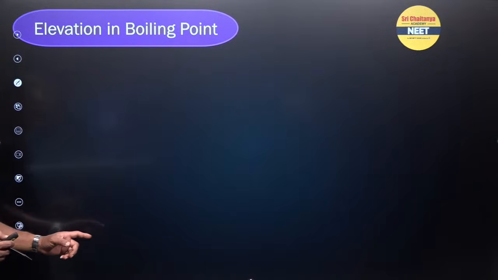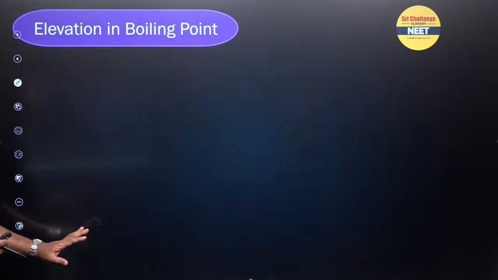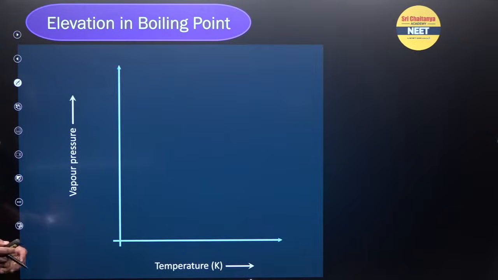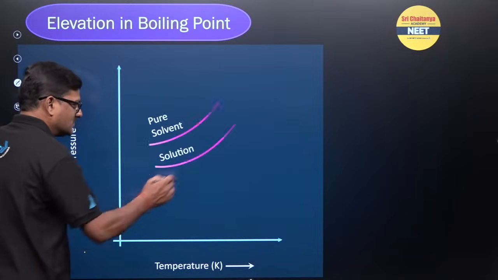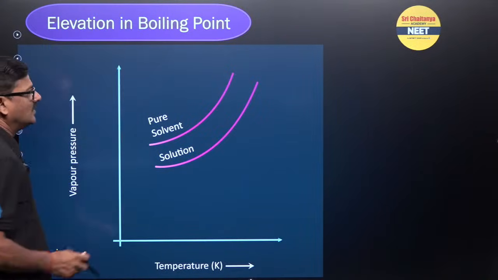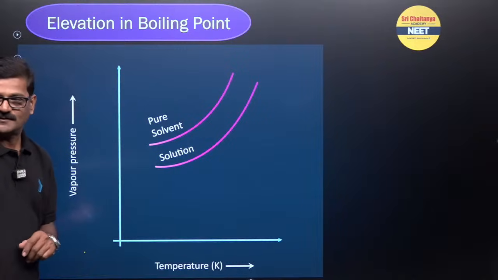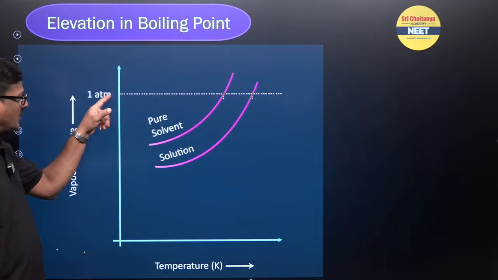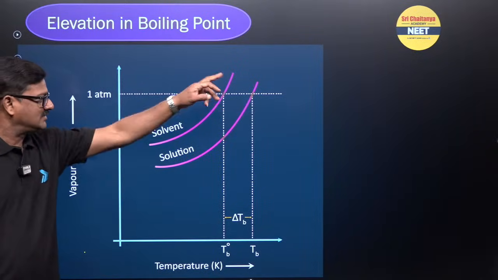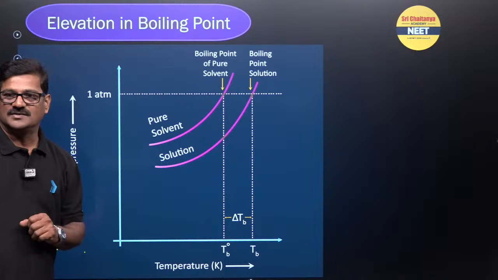You just see here, it is showing the pure solvent and the solution, and when the temperature reaches 1 atm, that is the temperature of the solvent, and this is the temperature of the solution.